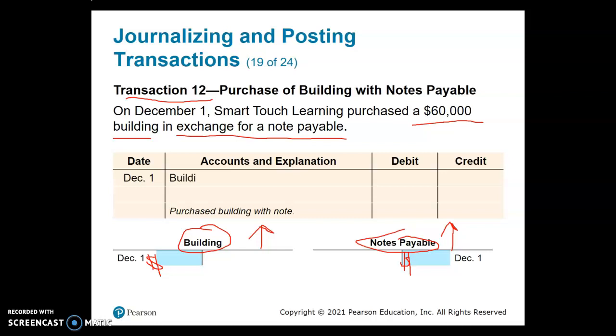So with this one, building, notes payable. That's how we purchased this building. We applied for a loan from the bank, and the bank issued us a note payable saying that we promised to pay $60,000 back. So we're now in debt an additional $60,000.